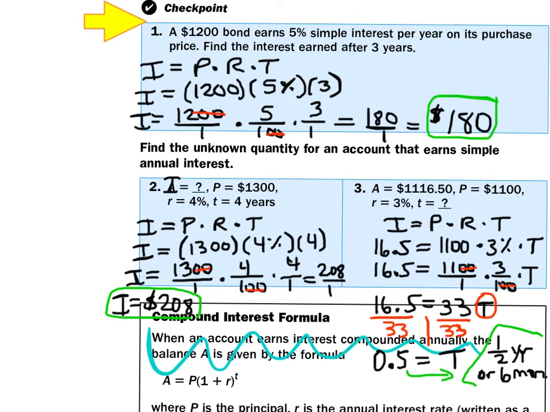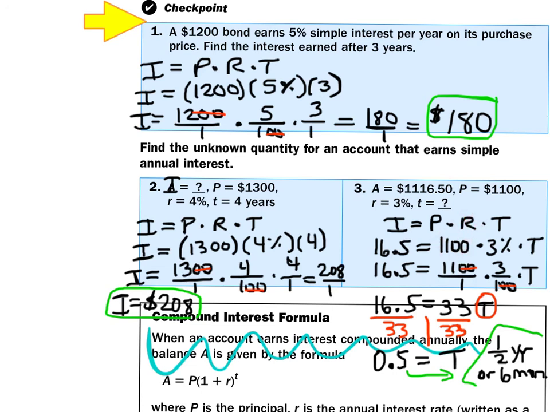Now number 3 is kind of interesting because look, they want us to find the time, the T. And again, notice how the balance was $1,116.50. The principal, what I started with, was $1,100. So if you look at the difference, that's going to be the interest that we earned. So that was $16.50 equals, the principal was the $1,100.